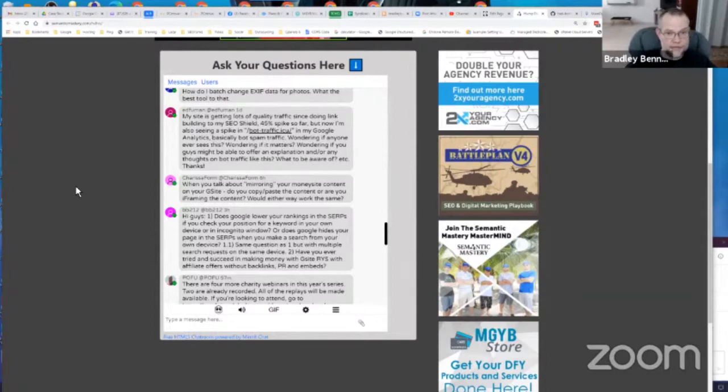So in other words, when I'm theme mirroring, when I'm mirroring the topical theme and creating pages that correspond with pages on the money site, then I embed those money site pages into the Gsite.